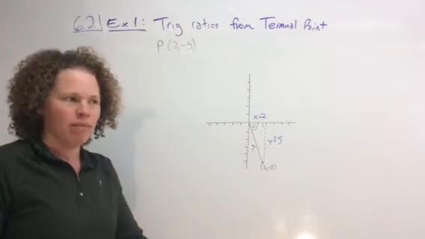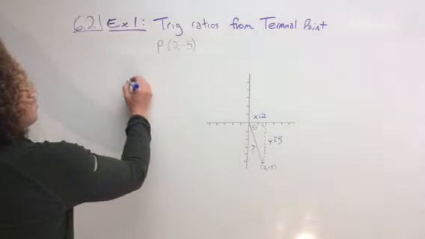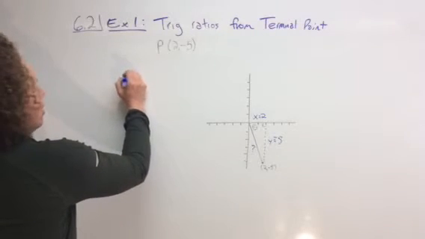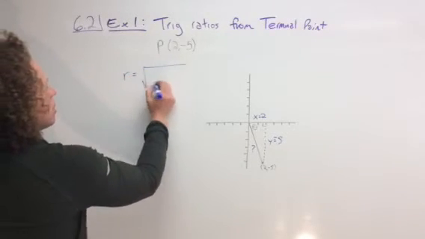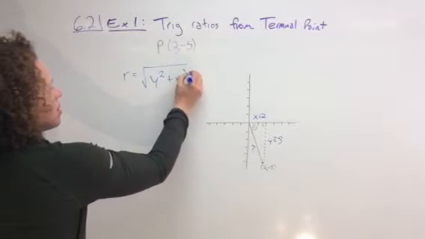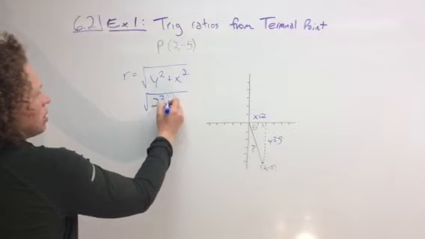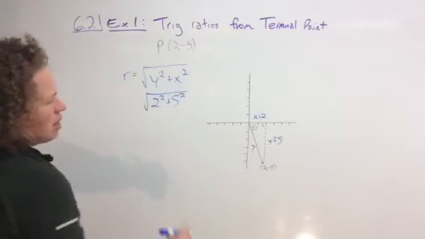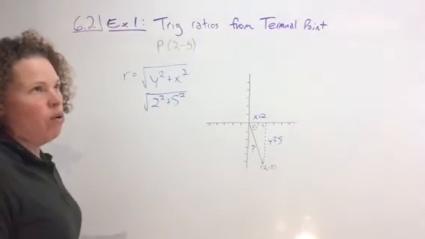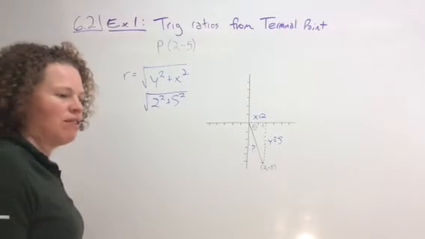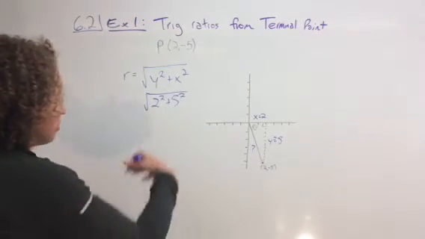Oh, Pythagoras. So we're going to go that r is equal to the square root of y squared plus x squared. For this particular equation, we've got 2 squared plus 5 squared. Does it matter that it's -5? No, because it's going to be -5 times -5, which equals a positive anyway. So just plug the numbers in.